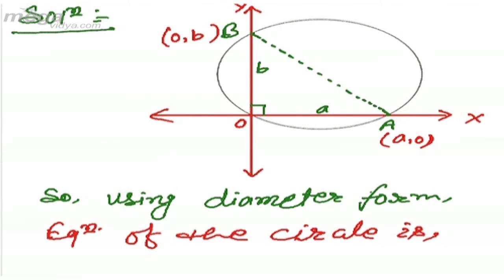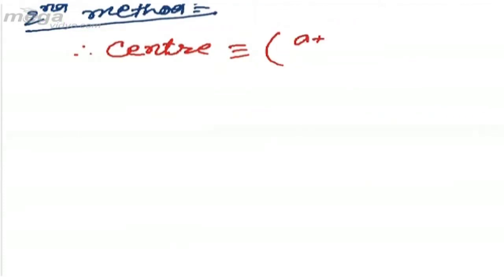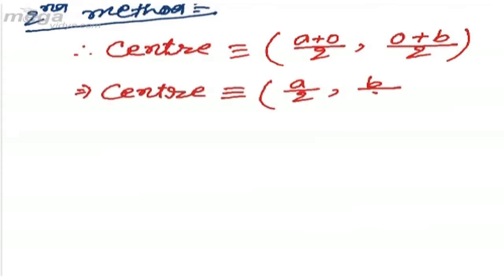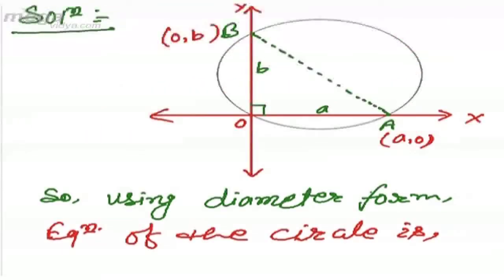formula states that the midpoint will be (x1 plus x2, y1 plus y2) by 2. So it becomes (a plus 0) by 2 and (0 plus b) by 2, which is a by 2 comma b by 2. Now we will find the radius, because AB is the diameter, so half of AB will be the radius.